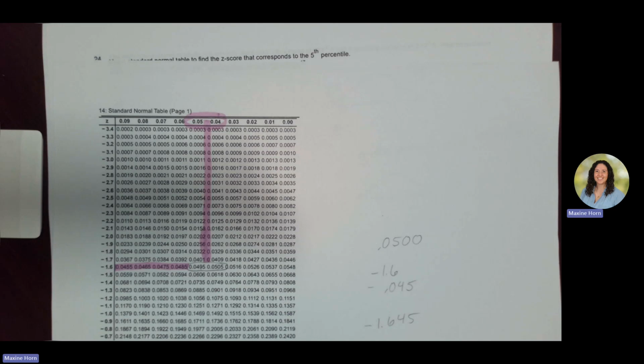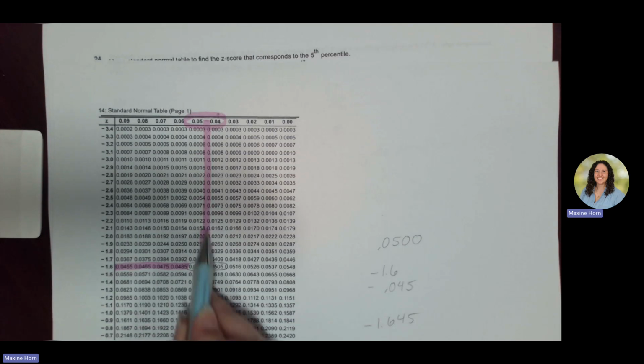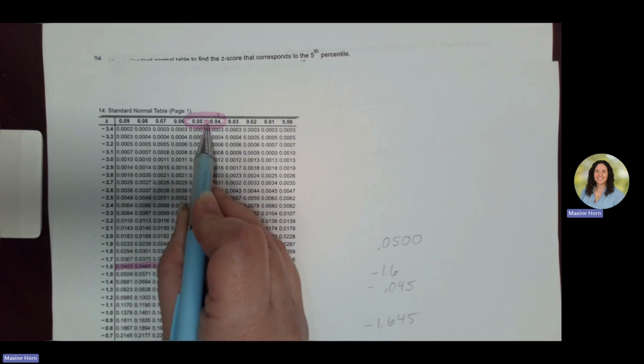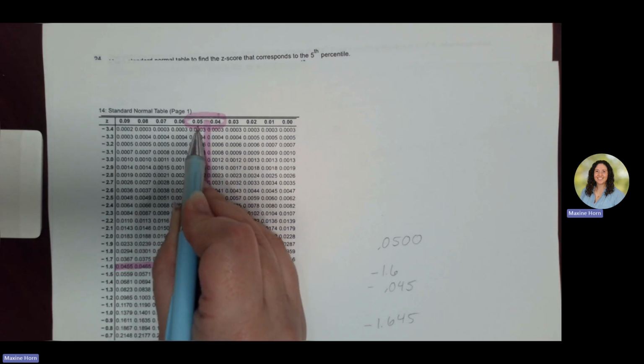That's 0.04 and a half more, so negative 1.645. That's how you would do those on the table. If they're exactly the same distance away, you do the number in between. Halfway in between 0.04 and 0.05 is 0.045.